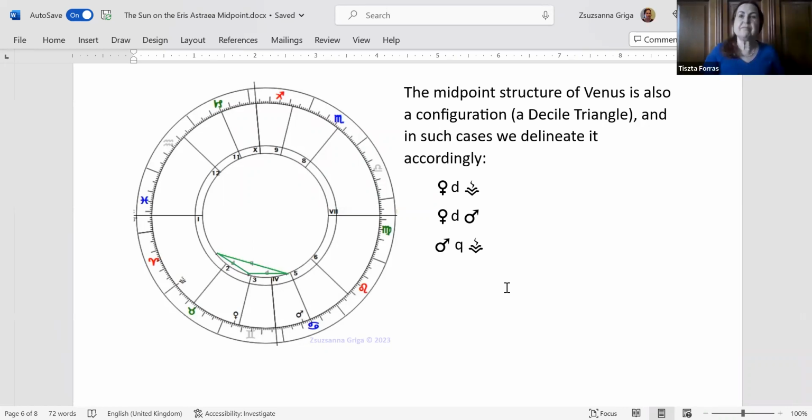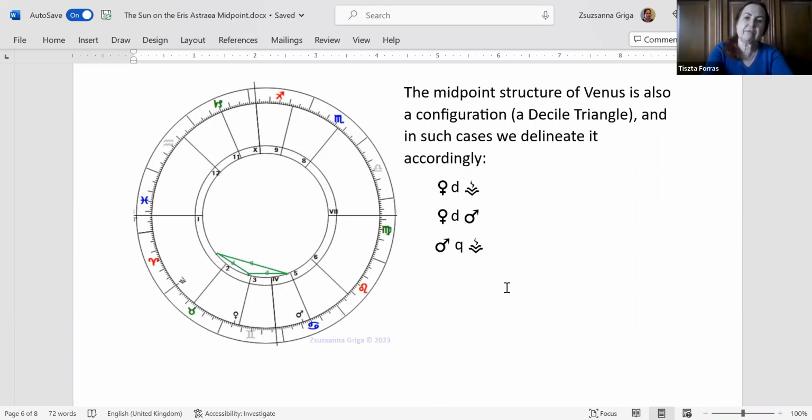Many configurations are also midpoint structures. So is a T-square, an exact T-square. Any kind of triangle really is a midpoint structure, where you have isosceles triangles with equal portions. But we never actually delineate it as a midpoint structure. We delineate it as the type of triangle it forms.